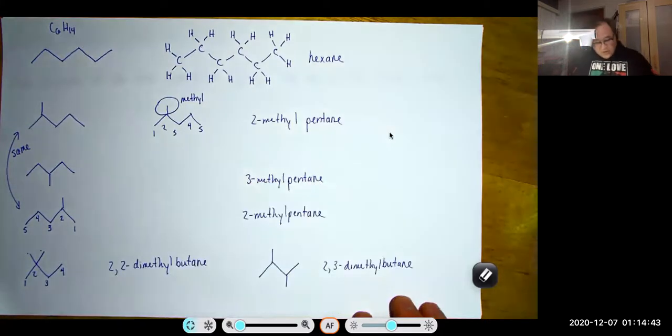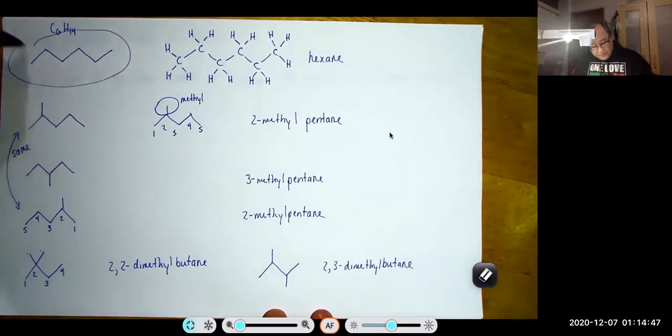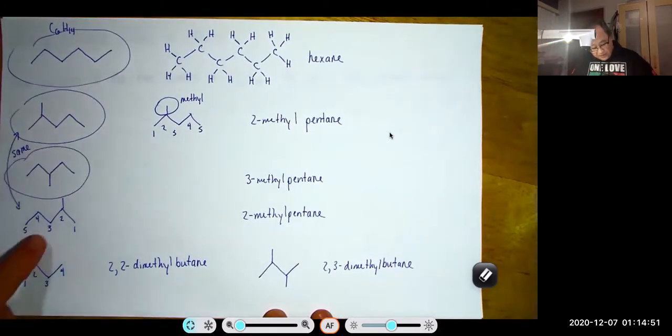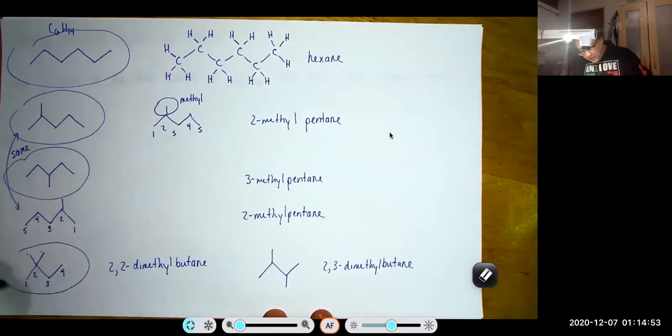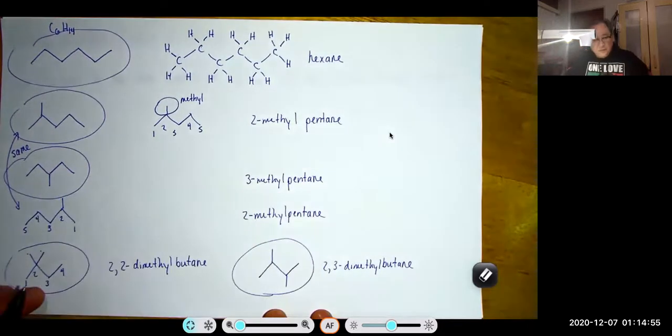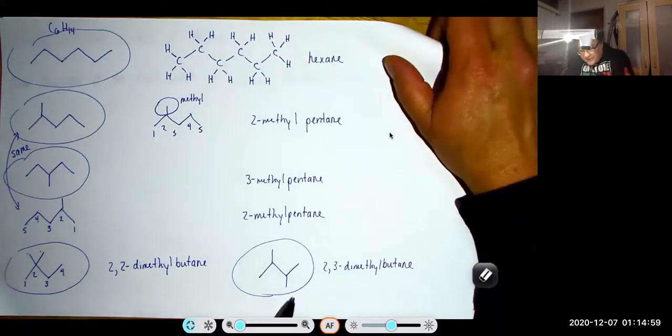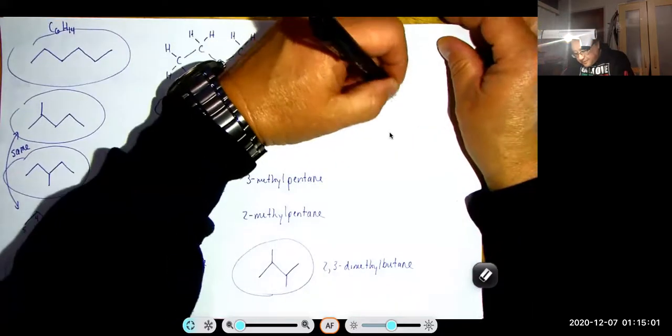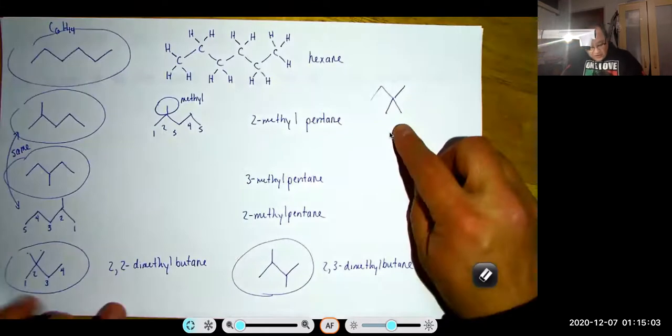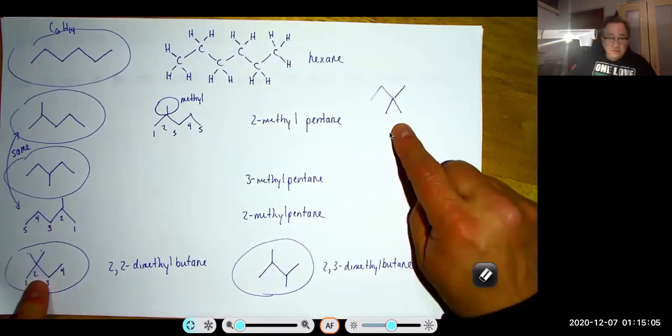Okay, so how many isomers do we have for this C6H14? We've got 1, 2, 3. This is a repeat. 4 and 5. Okay, so are there any others we can do? Well, what if I did this? Well, this would be 2,2-dimethyl butane.